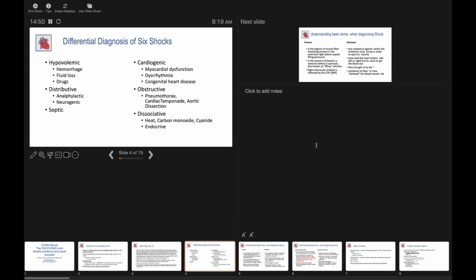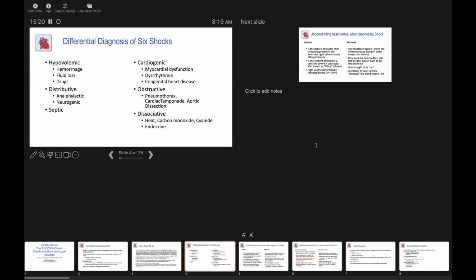Because it's not an electrical problem, it's a mechanical response. So with tamponade, pneumo, aortic dissection, hemo, the heart is compressed because all that extra fluid around the heart has compressed the heart. You have a cardiac compartment syndrome, basically. And the heart can't fill with volume and it can't eject it because it didn't fill it. So that's really important because all your focus in obstructive shock is to get rid of the obstruction.